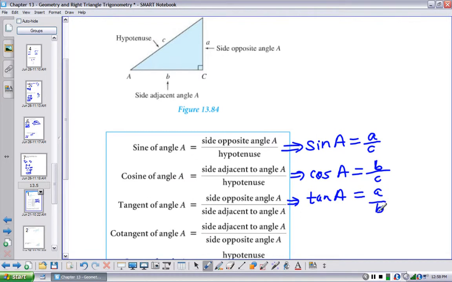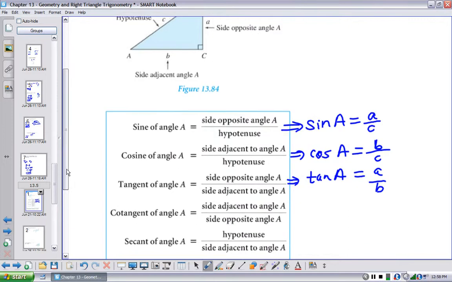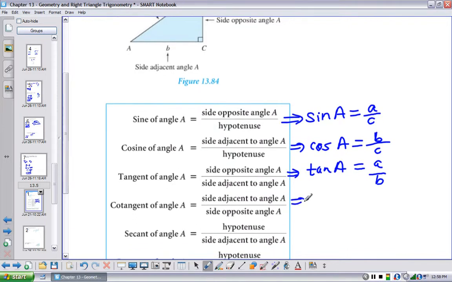Now notice, we're looking at angle A, but we could very well look at angle B or angle C and still find opposite, adjacent, and all that stuff. Now, cotangent of A is a reciprocal function of tangent. It's adjacent over opposite, which is B over A. Secant, we abbreviate SEC of the angle A. It's the hypotenuse over the adjacent, which is the reciprocal function of cosine.